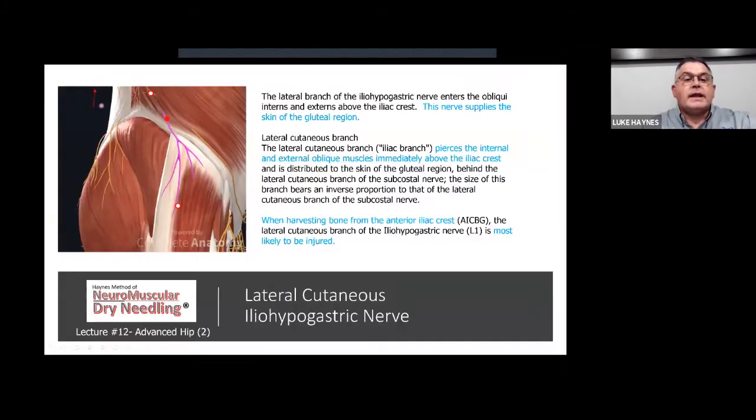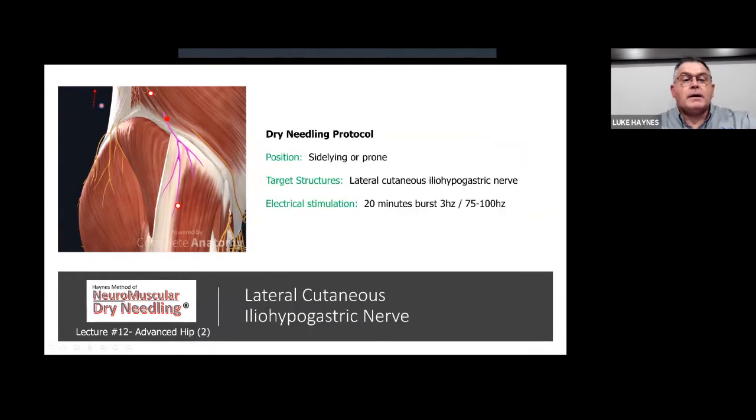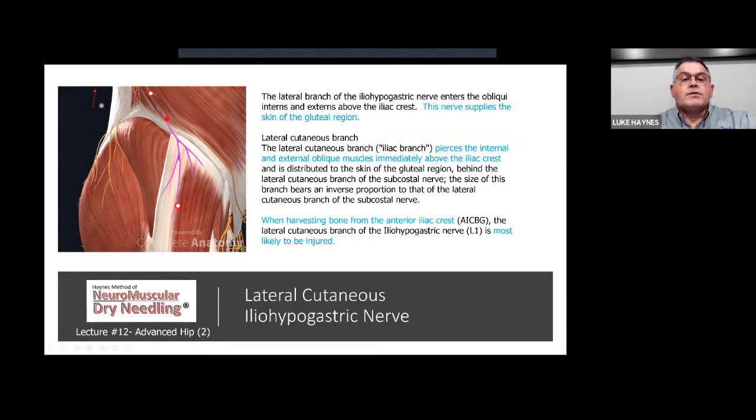So again, lateral cutaneous. The lateral branch of the iliohypogastric nerve supplies the skin of the gluteal region, and you can see right here in the picture on the side, there at the IT band or the iliotibial tract and a little bit more posterior, is where we see its innervation.